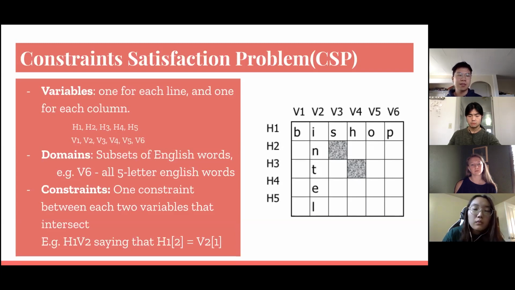Besides this kind of constraint, the hints can also be viewed as a constraint in our case, because the hints from the crossword puzzle actually tell us what kind of domain we have for each of the variables.